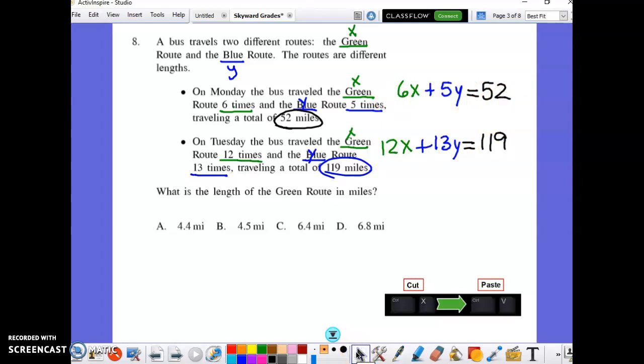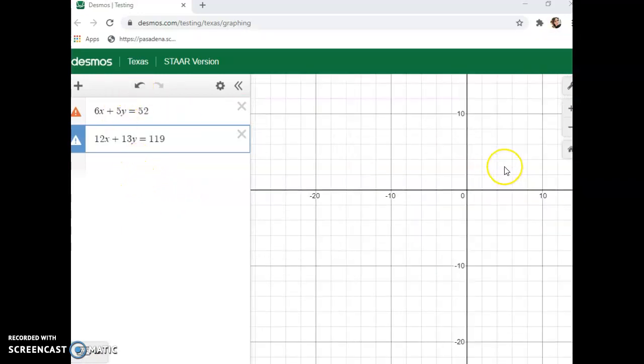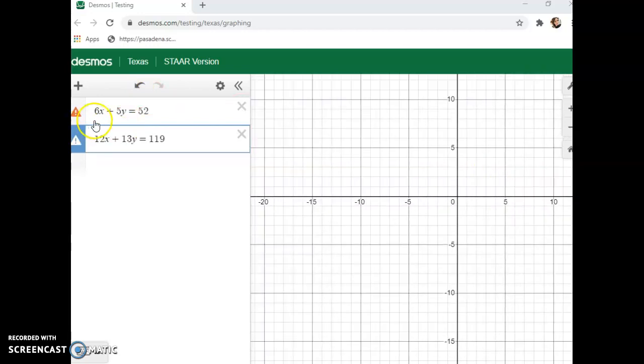So let's go. Okay, so when you type them in Desmos, this is what they look like. And if you notice, it doesn't graph anything, right? It has those 2 little buttons that show that it's not graphing right now. So we have to highlight the 6X. We're going to cut by doing control X. So control X will cut it.